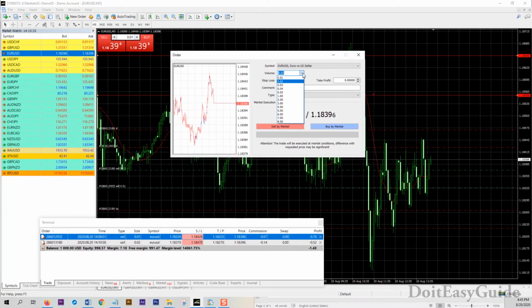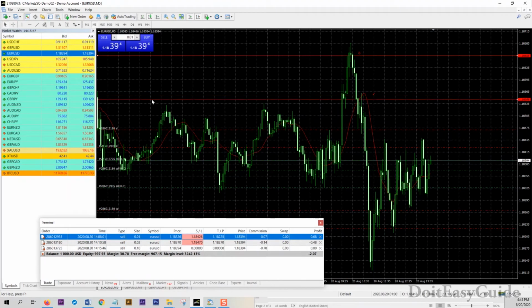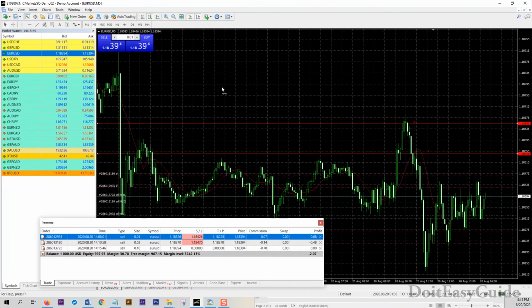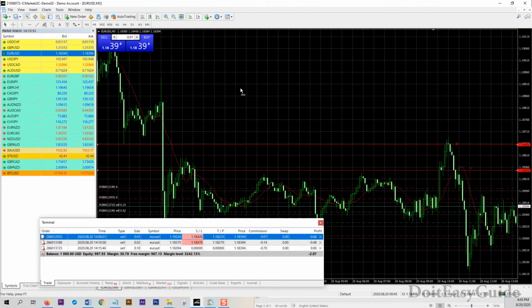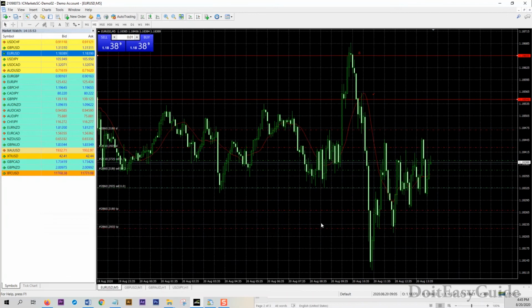The lot size is 0.1, and I'm going to sell again. So my lot size is now bigger. Again, this is the trade.